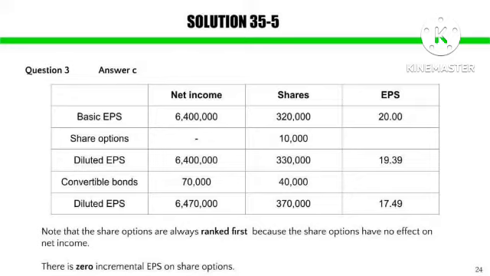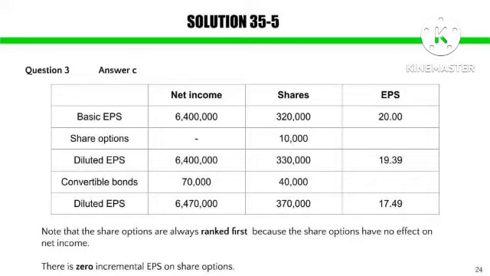So, meron tayong 6.4 million na net income for diluted earnings per share. I-adjust natin siya by adding the interest expense on bonds na 70,000. 1 million times 10% times 70%, which is the percentage net of tax. Tax rate is 30%. So, yung net income for diluted earnings per share is 6,470,000.